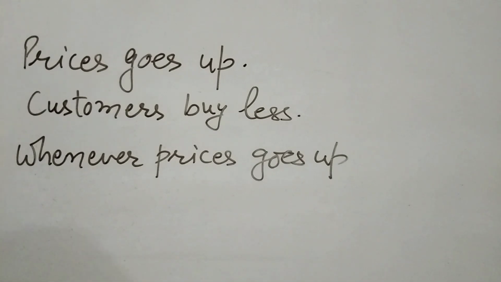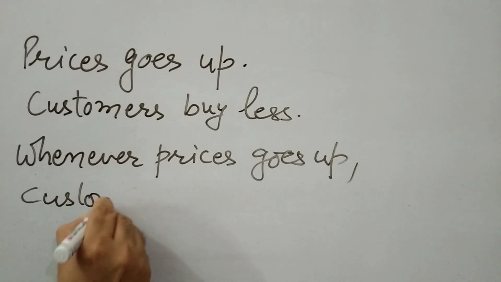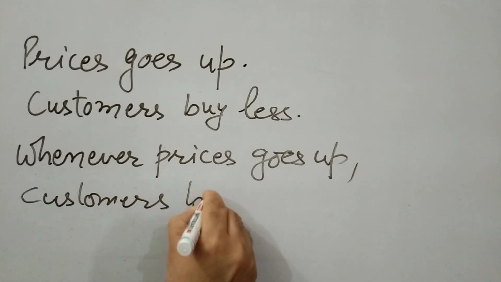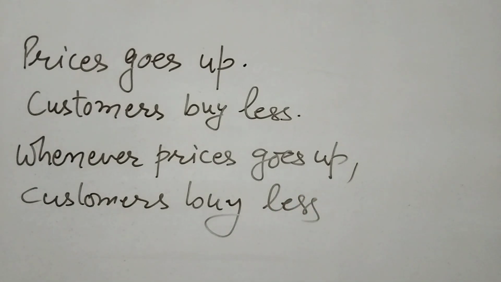This is a principal clause, because you want to know what happens then, when prices go up. Whenever prices goes up, customers buy less. So this is our complex sentence using the linking word whenever.